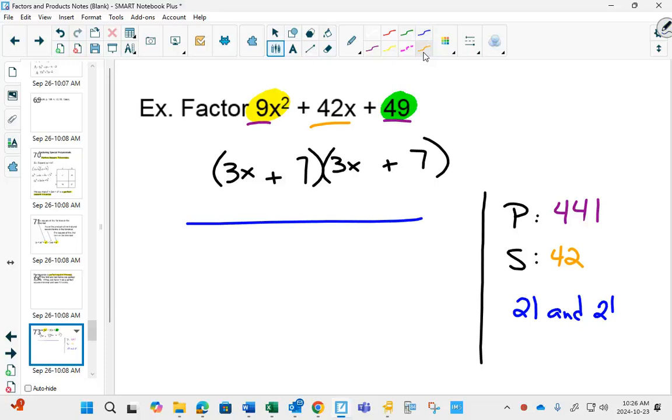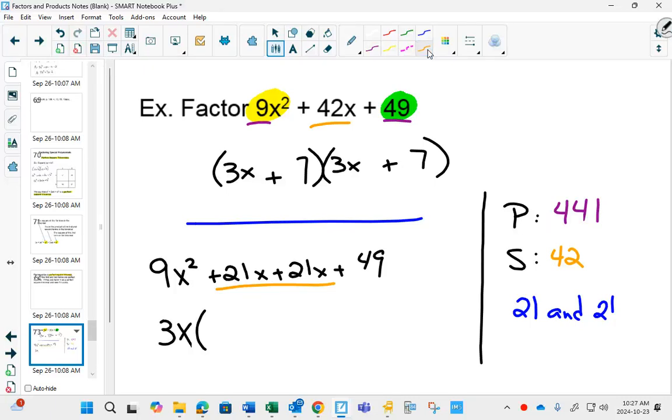Then the grouping method would say, once you found out that 21 times 21 is 441, and 21 plus 21 is 42, as your two numbers, you break up the middle number to be 21x plus 21x. So those two numbers, that 42, I now rewrite as 21 and 21. And then I look at my first two. What's in common?